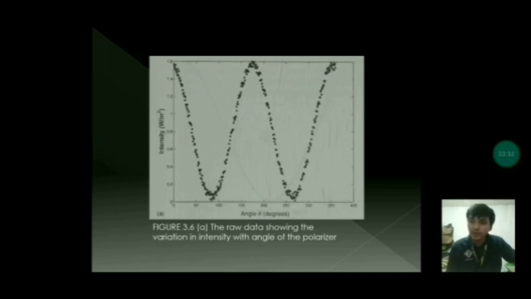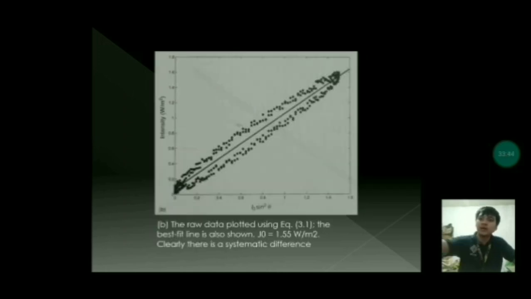Figure 3.6a is the raw data showing the variation in intensity with angle of the polarizer. And this is b, the raw data plotted using equation 3.1. The best fit line is also shown. J sub O is equal to 1.55 watt per meter squared.